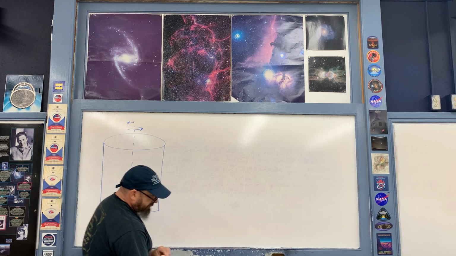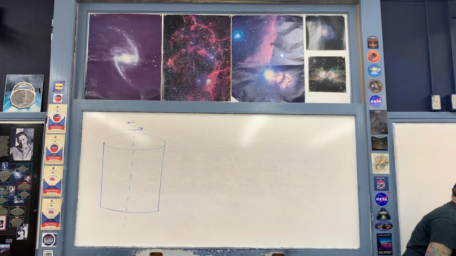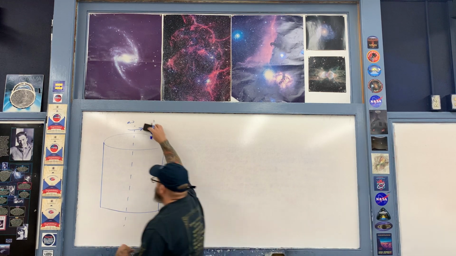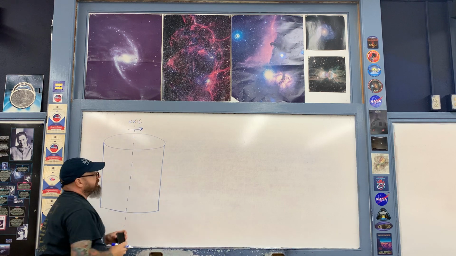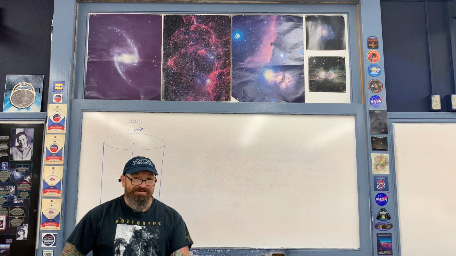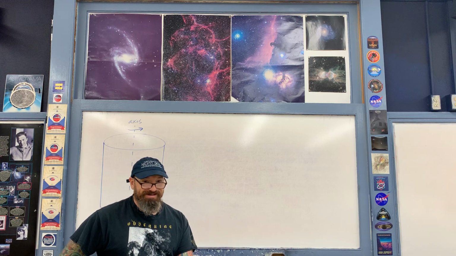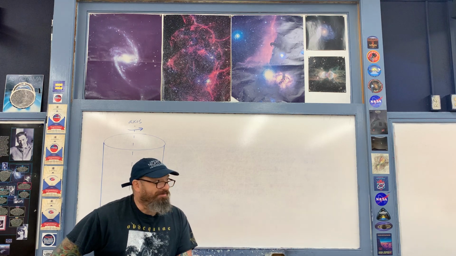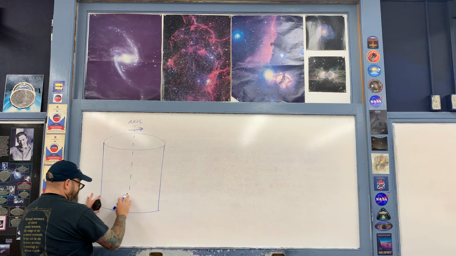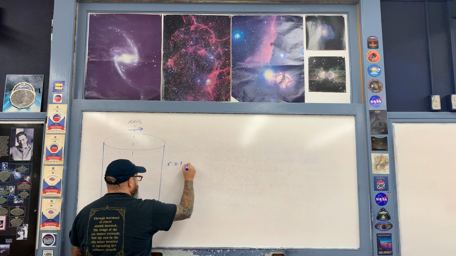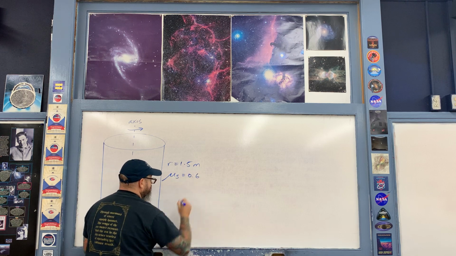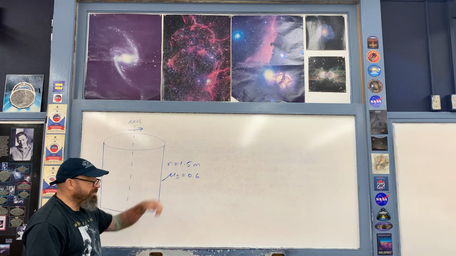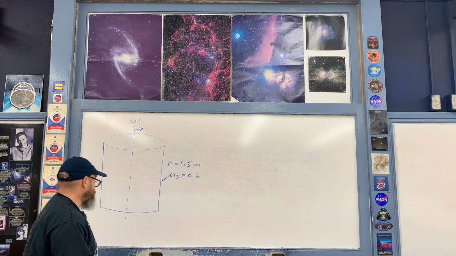The axis of rotation is positioned through the geometrical center of the cylinder. If the axis of rotation was not in the center of the cylinder, I wouldn't get on that ride. Then we're given the radius here. The radius of the circle is 1.5 meters, and the coefficient of static friction between the person's clothing and the wall behind is 0.6. These are typical numbers, by the way, for a ride like this.